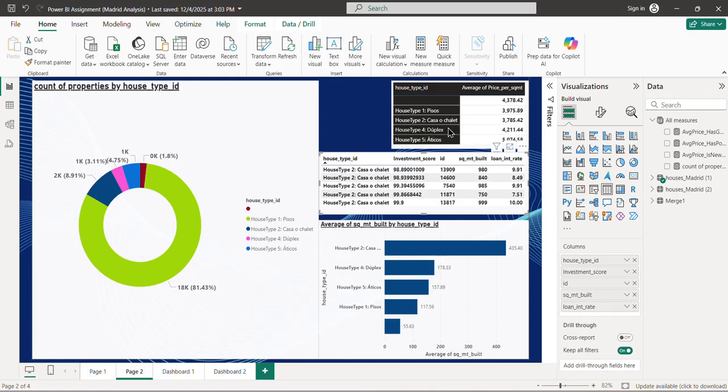No, sorry. The duplex and Áticos are higher than Pisos in average price per square meter, which means it is also a sign of good property and a good investment in the duplex and Áticos.